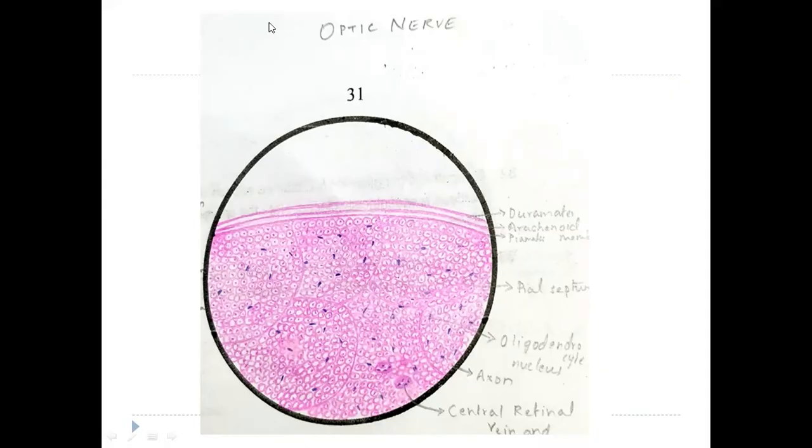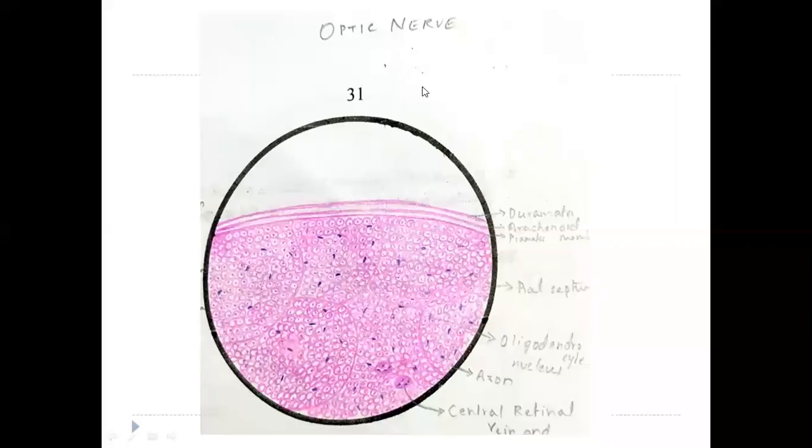So if you remember the diagrams that you've drawn for artery and vein histology, you can draw something similar to that. The vein should be drawn with collapsed lumens. This is how you draw the histological diagram of optic nerve.